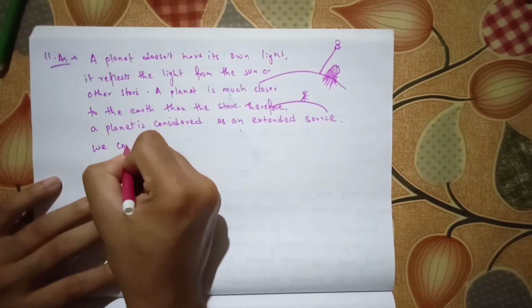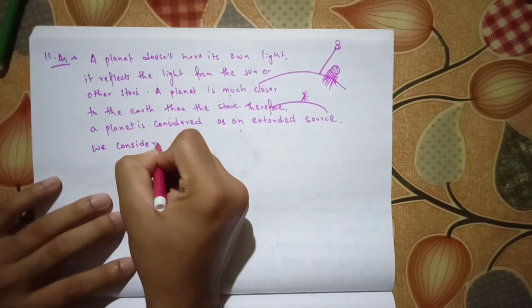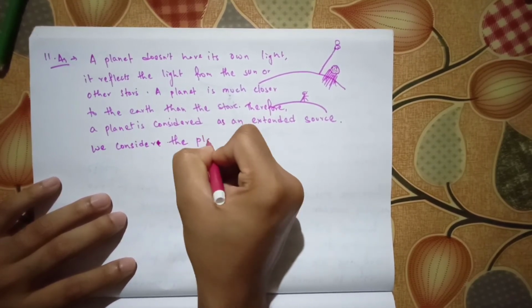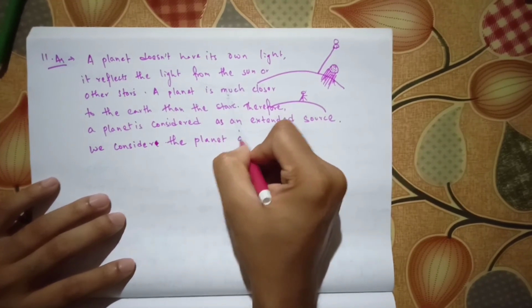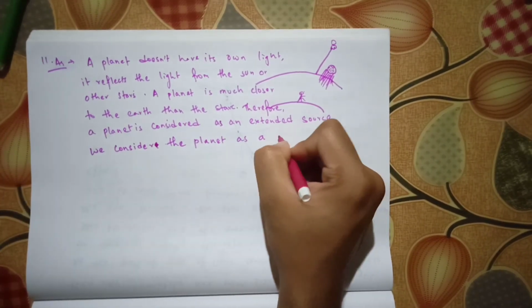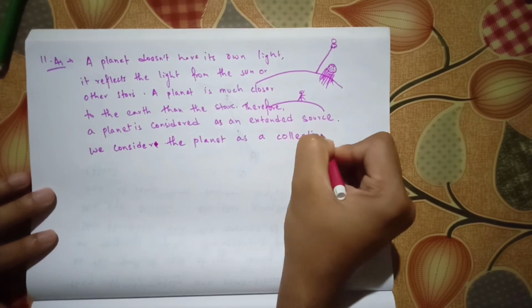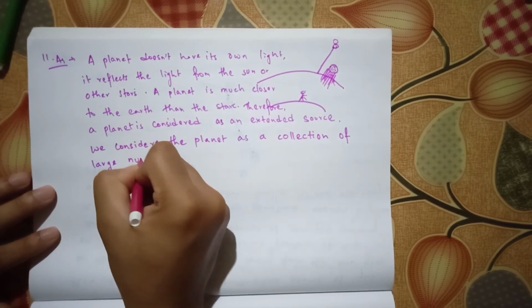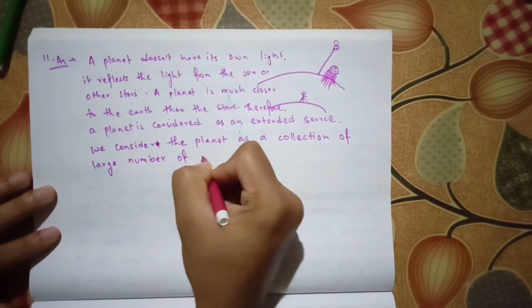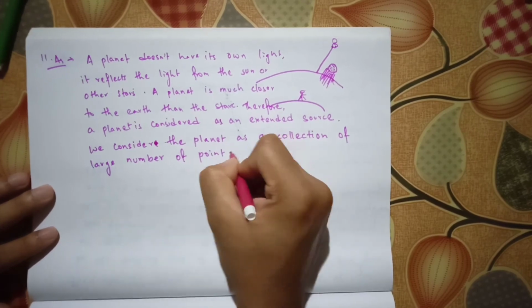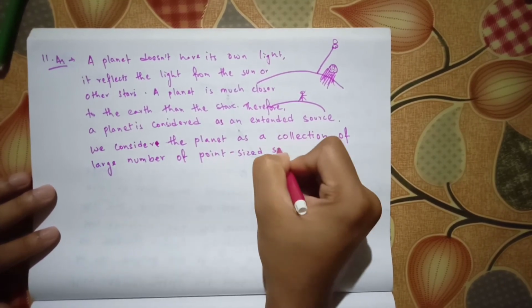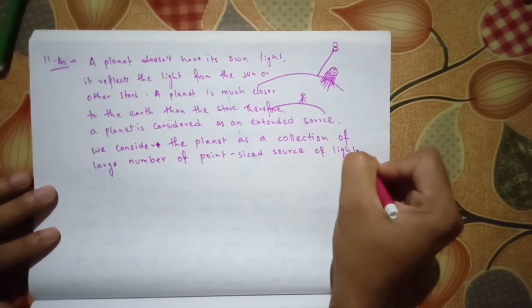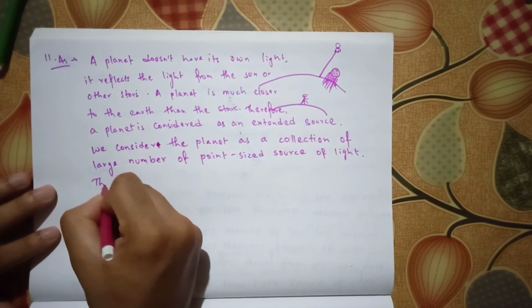We consider the planet as a collection of a large number of point-sized sources of light.